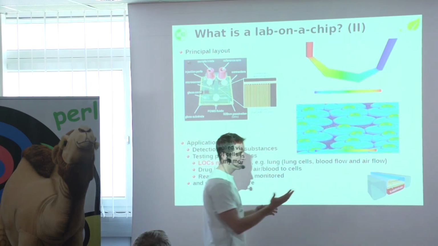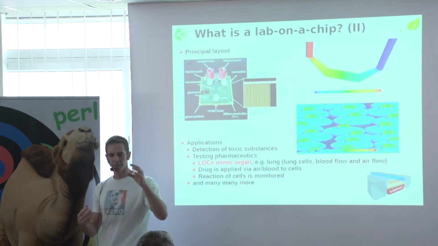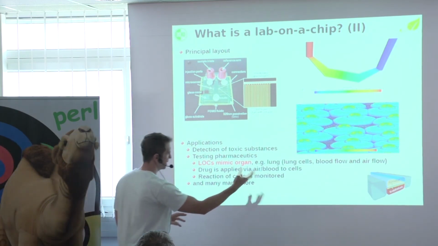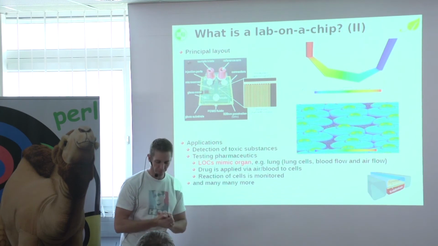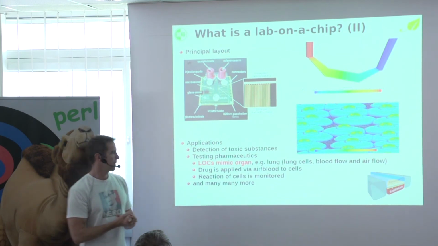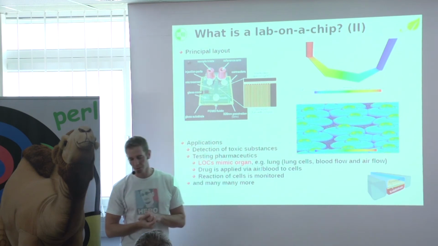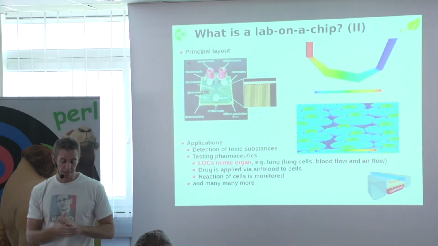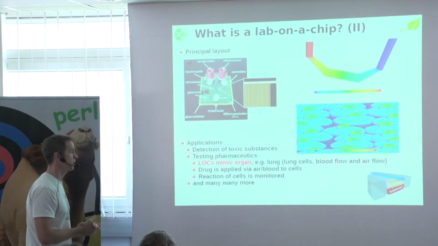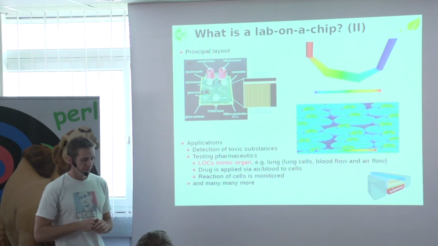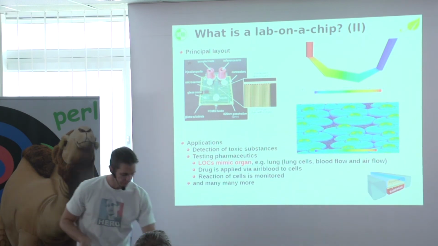So we have here a system where we have two microfluidics, air, the lung cells, and blood. All of this is provided with the proper environment again. And we can then test, for instance, pharmaceuticals, how they act on those lung cells, or also toxic materials, and this is all working on these little chips.